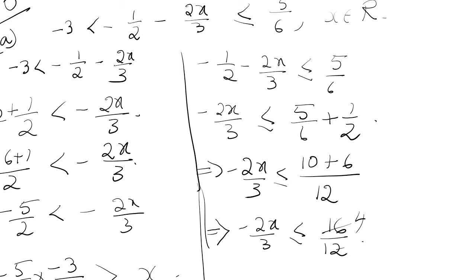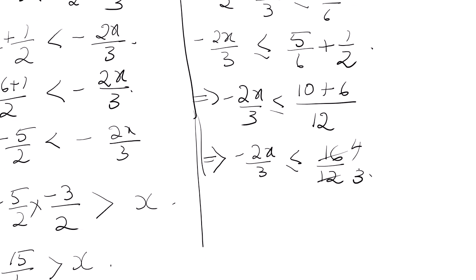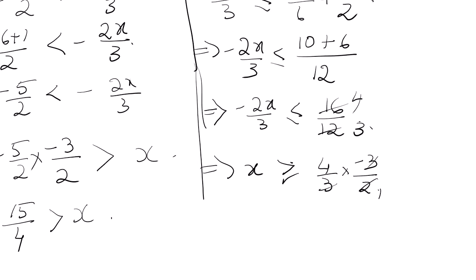So 4 4s are 4, 3s are 12. So this implies x is, now you have to multiply by minus 3 upon 2. So the inequality will get reversed. 4 upon 3 into minus 3 upon 2, and 2 goes 2 times. So this implies x is greater than or equal to minus 2.